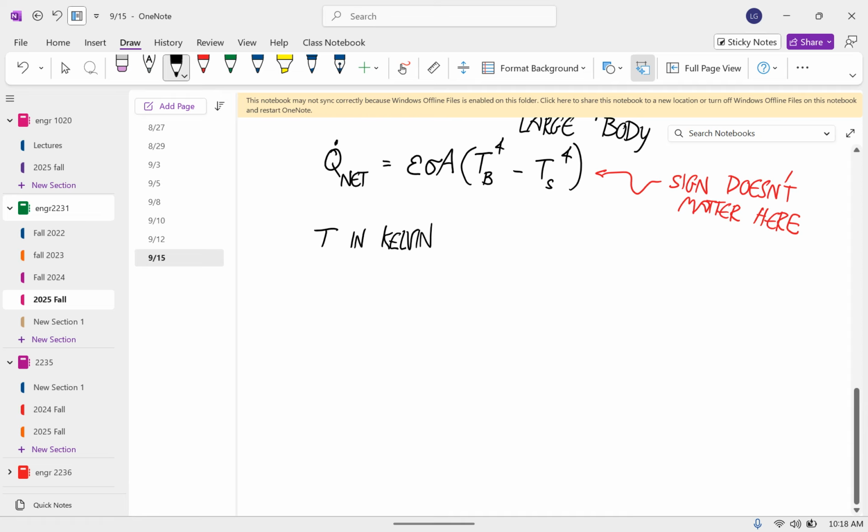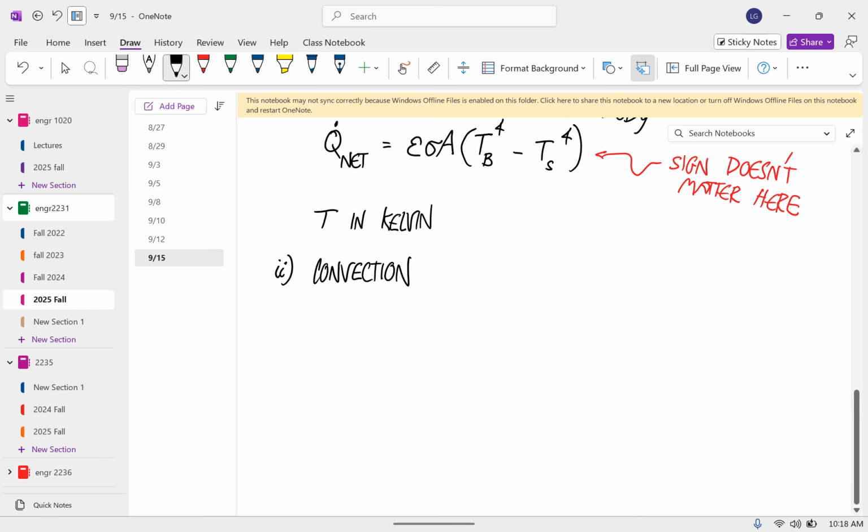And then the last one is convection. And the equation for that says Q dot is equal to this constant H that you get experimentally times the area, but that's only the area that's exposed to the fluid flow, times the quantity temperature of the body minus temperature of the fluid.